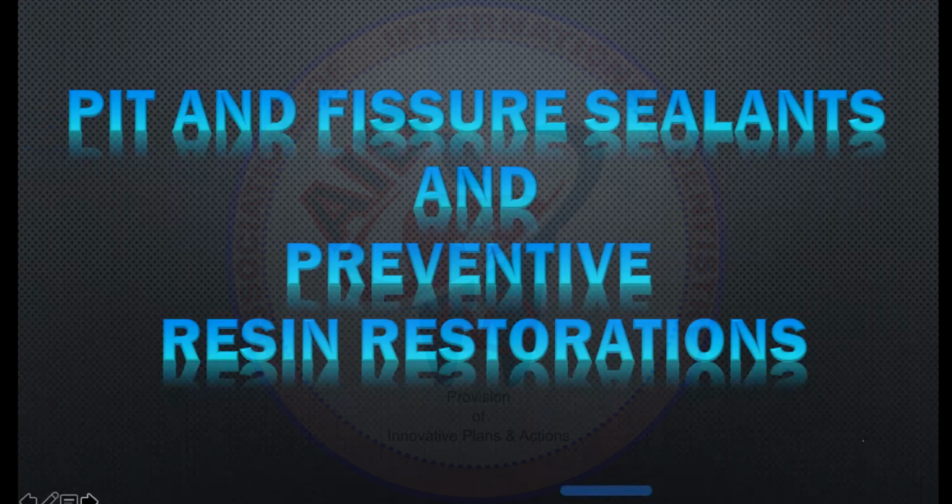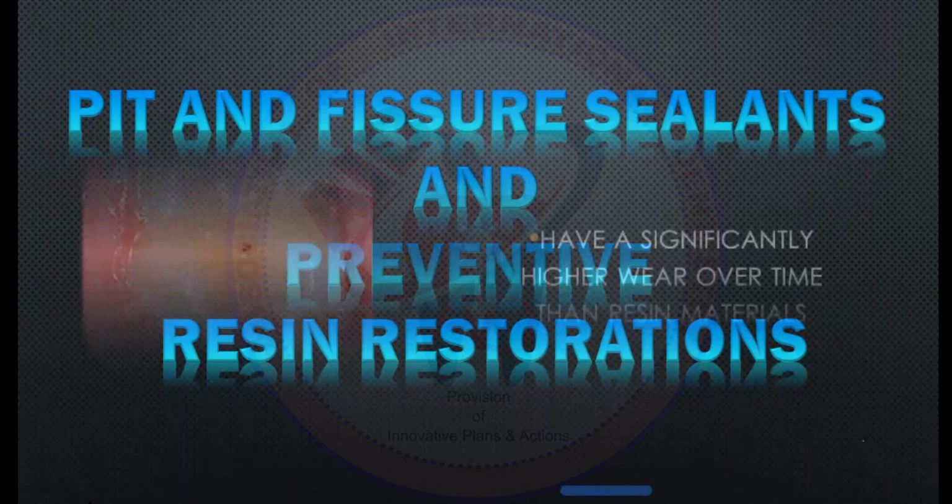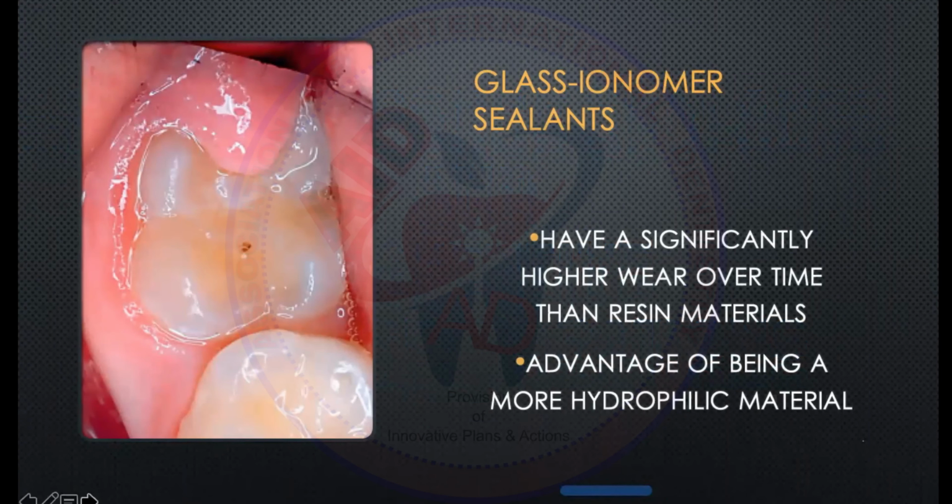And then we have Pits and Fissure sealants and preventive resin restorations. I'm not going to go into the detail how we do it, but just for information, this was important to make you understand. Whenever we find the tooth in the erupting phase, and a condition like this is there, we know that you are not able to isolate the tooth, and you cannot apply Pits and Fissure sealants which are resin based, because for resin application you need a strict dry, isolated field, and in this case you cannot.